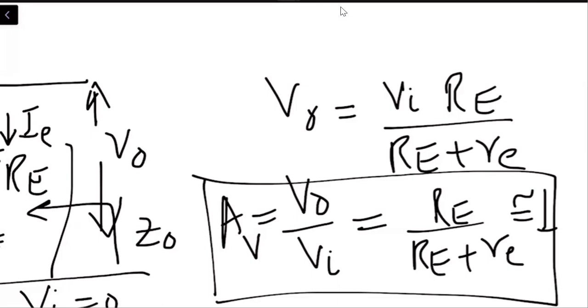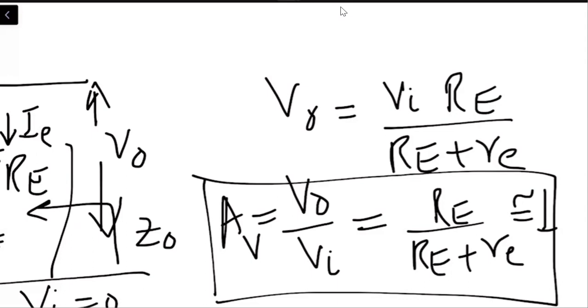So with this, there is example 5.7. Example 5.7 is the assignment. As well, you can go through topic 5.9, the common base configuration circuit.